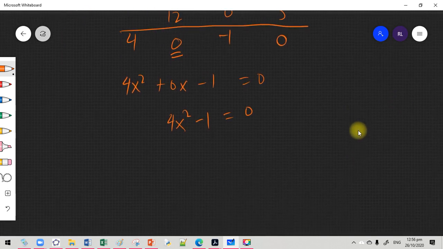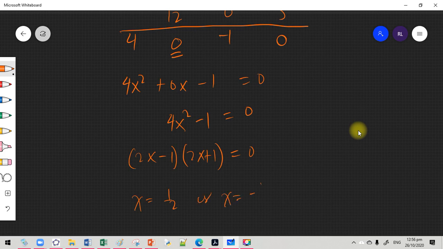Okay? Then we can factor this because this is quadratic. If it's not factorable, you can use the quadratic formula. So 2x minus 1, 2x plus 1 equals 0. So we have x equals 1/2 or x equals negative 1/2. Okay.